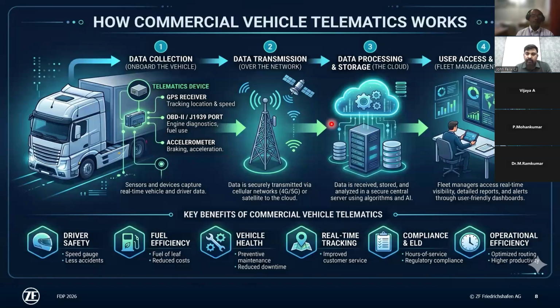Telematics is a core digital component that fleets in India and abroad use heavily. But there are also other influences, and this becomes one of our key infrastructure backbones to build our digital twin ecosystem.